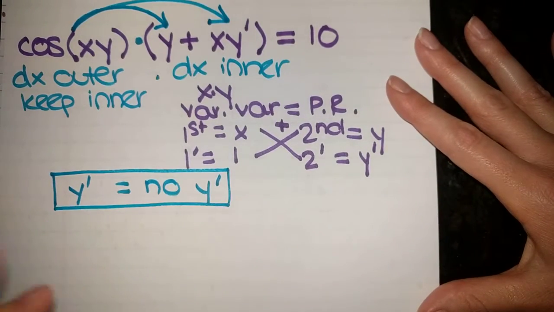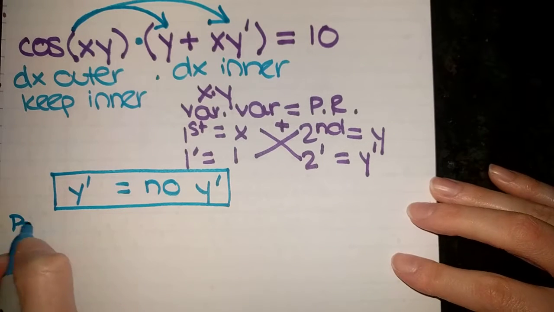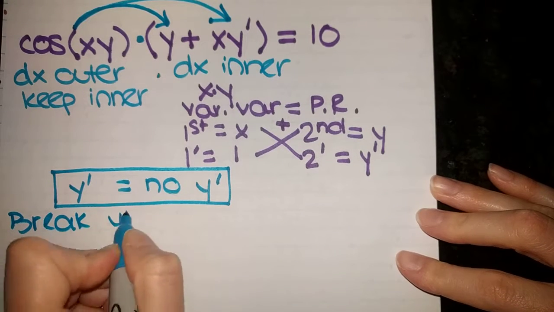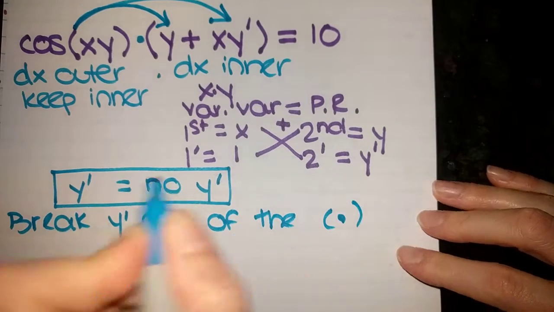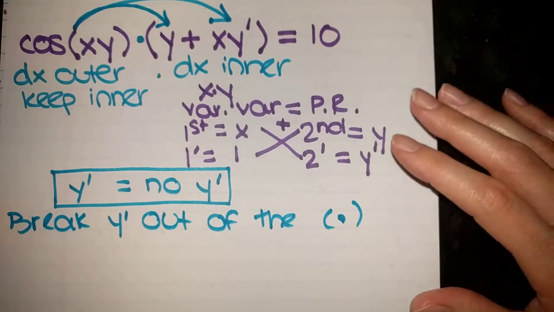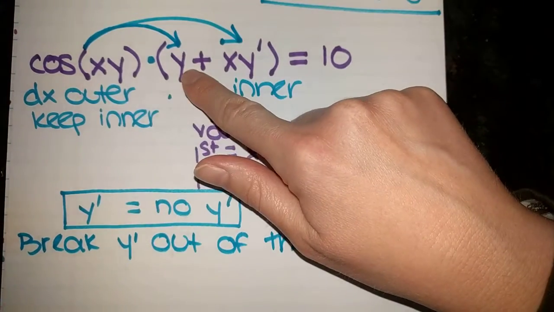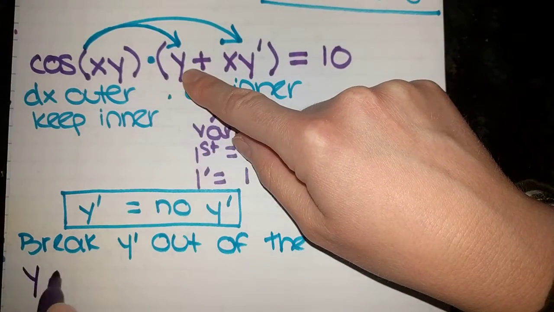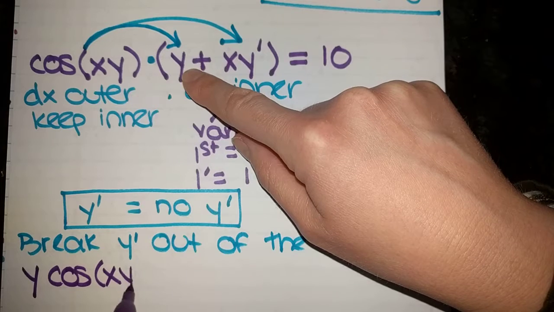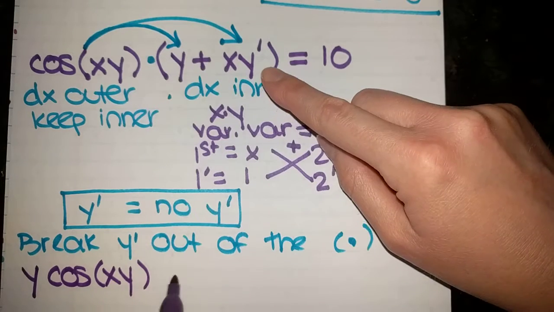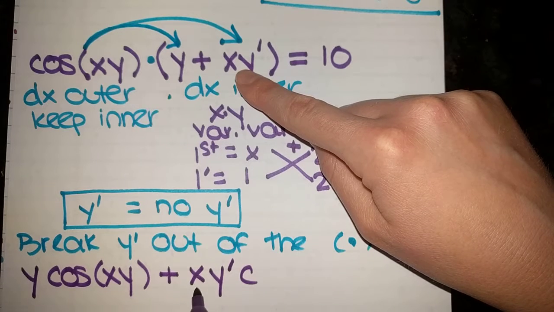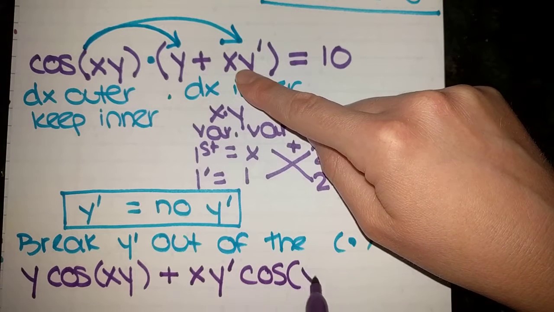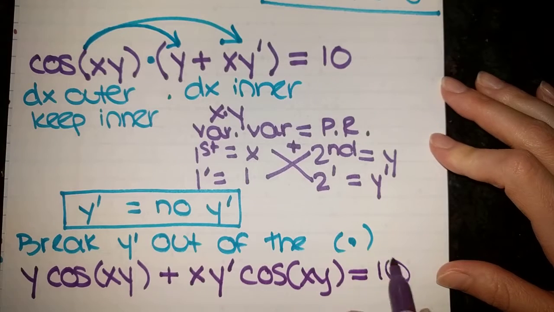To get the y primes on one side, we're first going to have to break y prime out of the parentheses because right now it's entangled in those parentheses, okay? So what I'll do is I'll distribute, and I'm going to put this little y in front of the cosine so there's no question about, is this y part of cosine or what's going on? And then plus, and I'm going to do the same thing here, I'm going to put the trig function at the end, so it's going to be xy prime cosine xy is equal to 10.